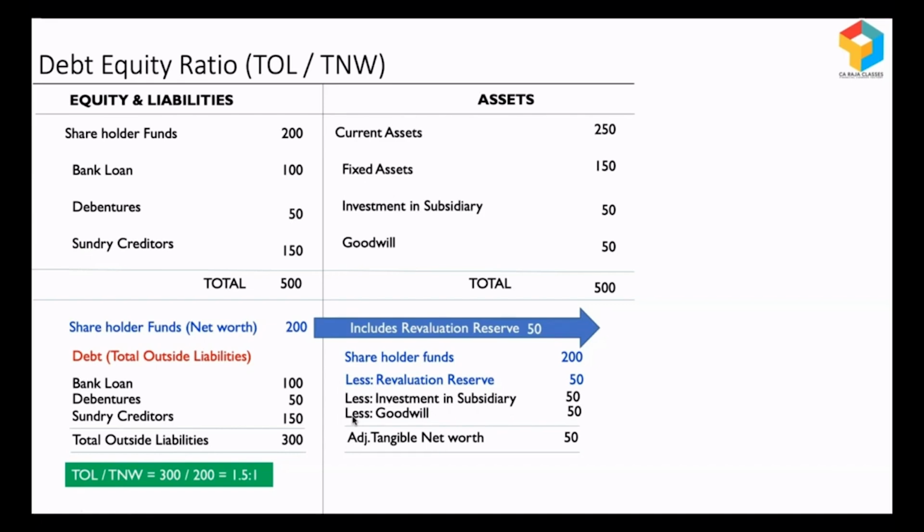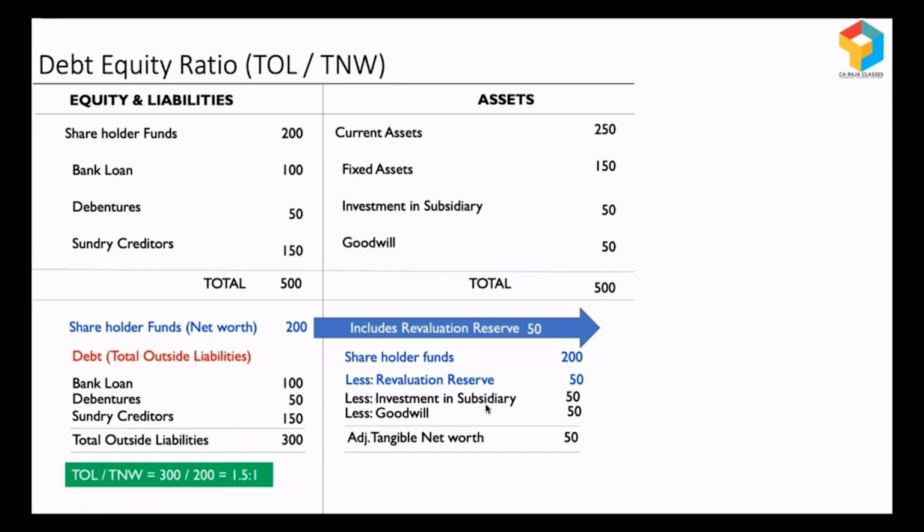So when we deduct these two items from net worth, we migrate to tangible net worth. And when we deduct this investment in subsidiary, we get adjusted tangible net worth. And some banks also deduct investments made in associate concerns, and even if some long-term loans are given to subsidiary concerns or associate concerns or sister concerns, even that will be deducted by conservative bankers.